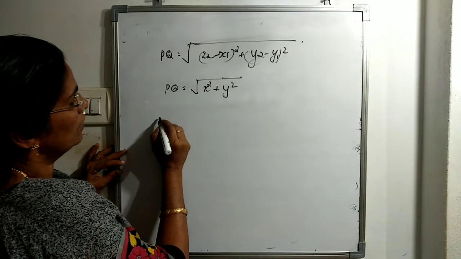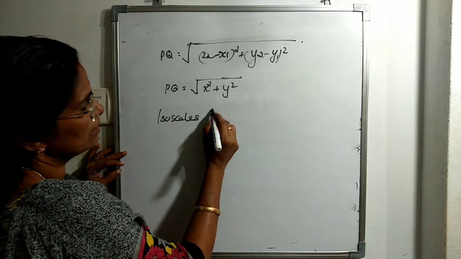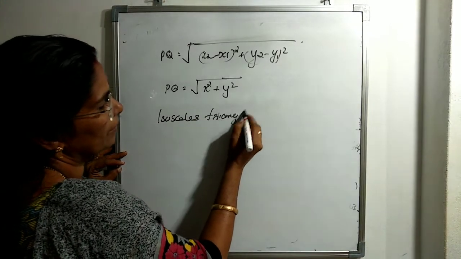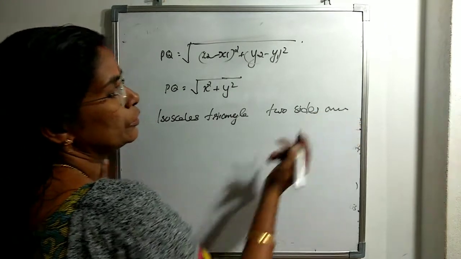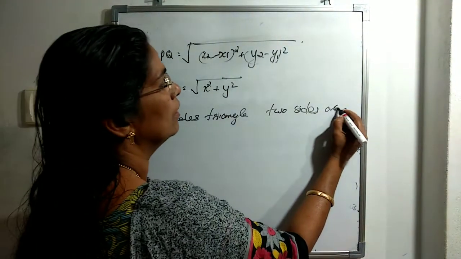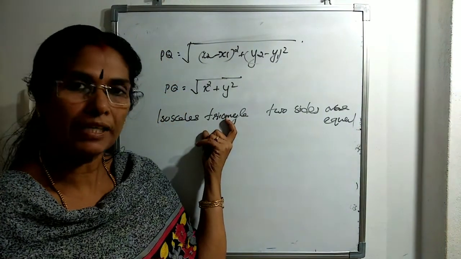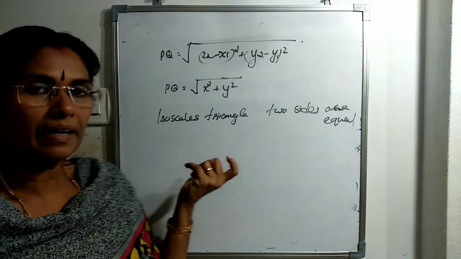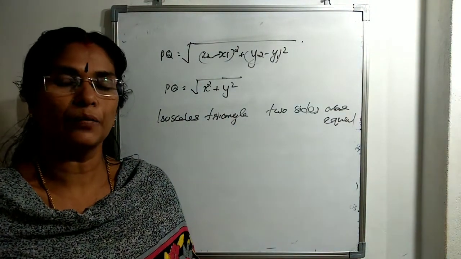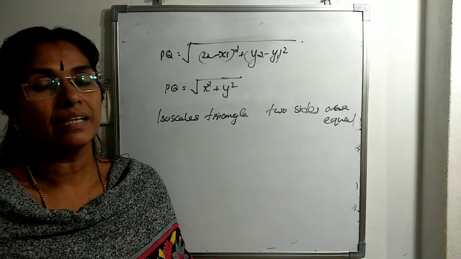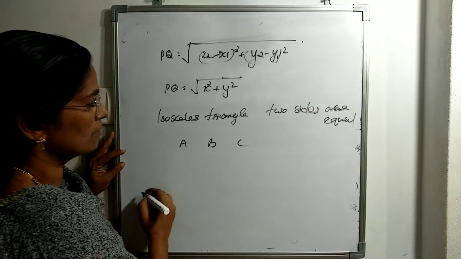Now the isosceles triangle. What is the property? Two sides are equal, so two distances are equal. Then we can say this triangle is an isosceles triangle. Equilateral triangle means three sides are equal. Then we say it is an equilateral triangle. How can we say a right angle triangle? A, B, C are 3 points.